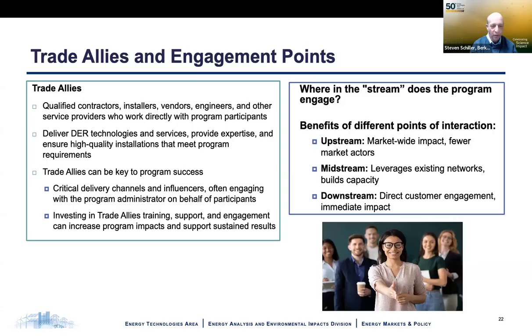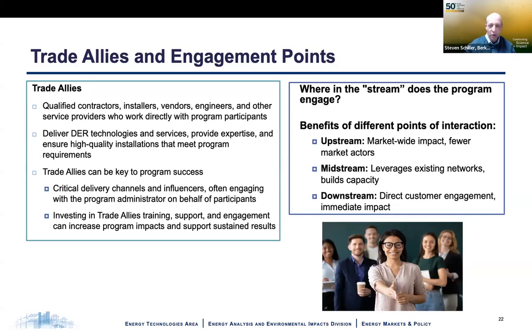Working with them can be key to program success. Understand their barriers and their delivery channels, and plug in so you can work with them as the actual deliverers and, in many instances, the influencers who help consumers make decisions. Investing in trade allies, listening to them, understanding their needs, and partnering with them can be a really important and effective way to develop and implement your programs.